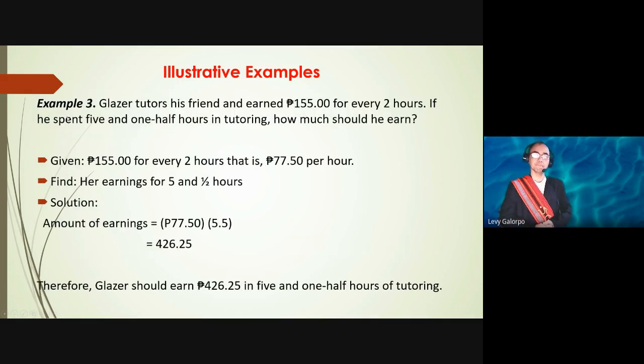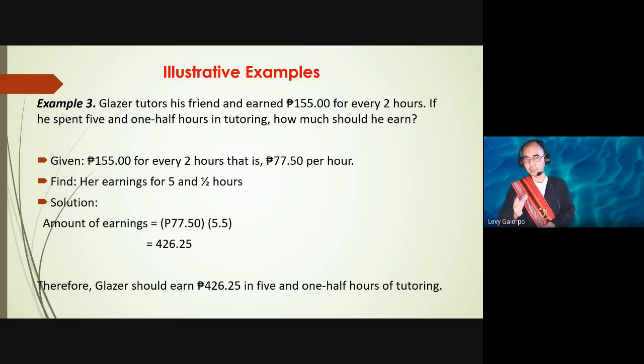Example number 3. Glazer tutors his friend and earned 155 for every 2 hours. If he spent 5.5 hours in tutoring, how much should he earn? Ang given natin dito, 155 pesos for every 2 hours.